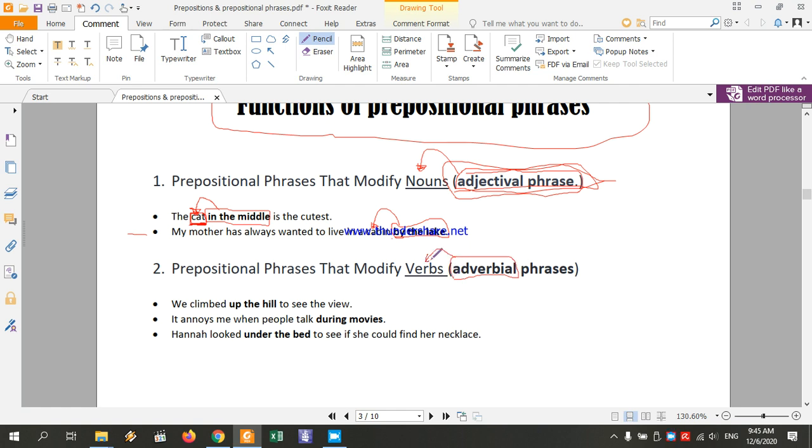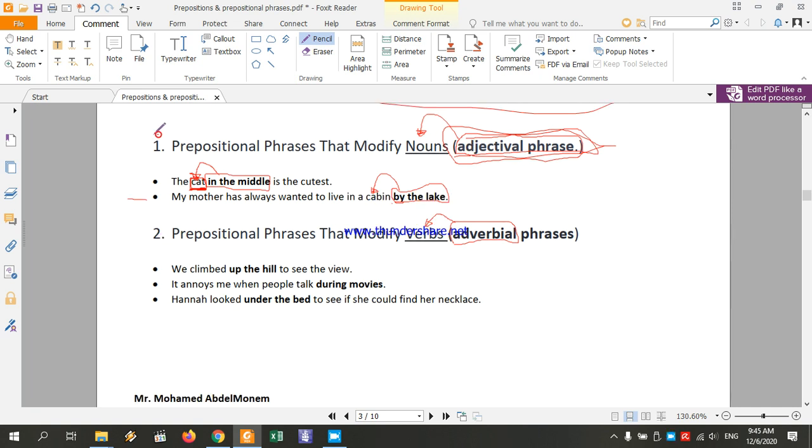So this is the first function of the prepositional phrase: to describe nouns, and in this case we call it an adjectival phrase. Let me highlight this area here. It's called an adjectival phrase.